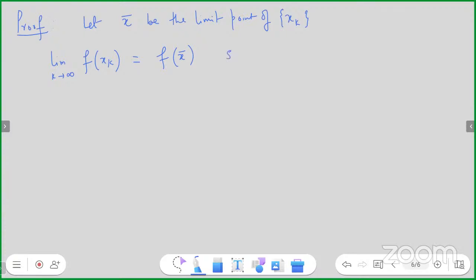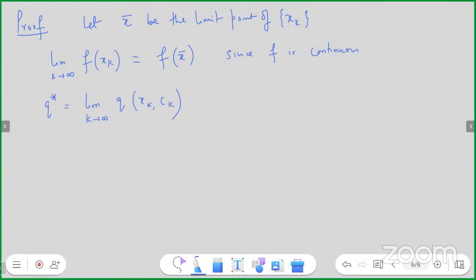Now let's look at the limit as k goes to infinity of q of x_k comma c_k. What can I say about this quantity? Let's define this to be q star. From my proposition number 4, what do I get?